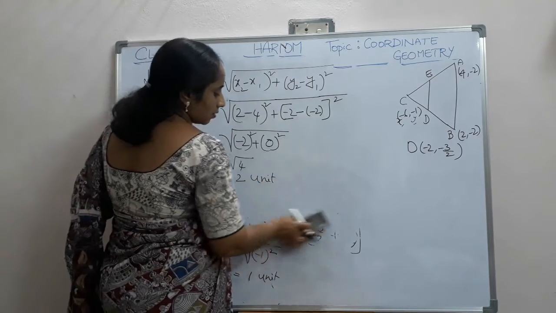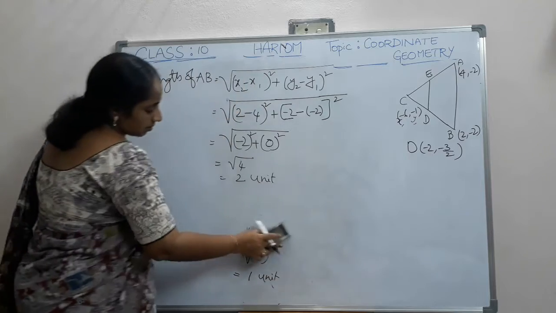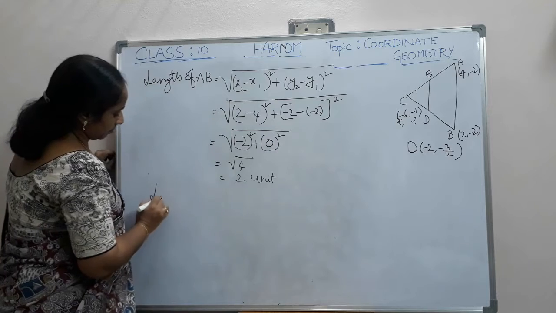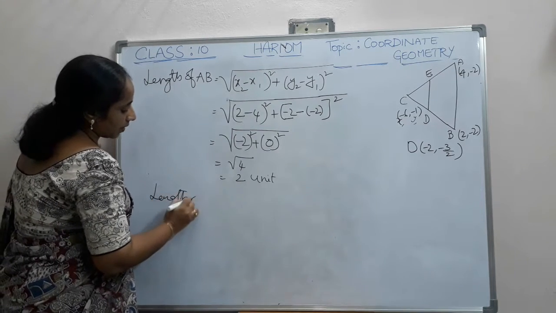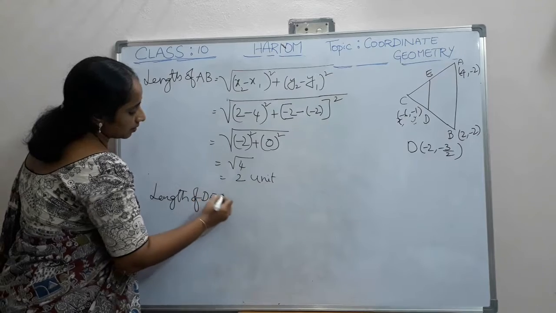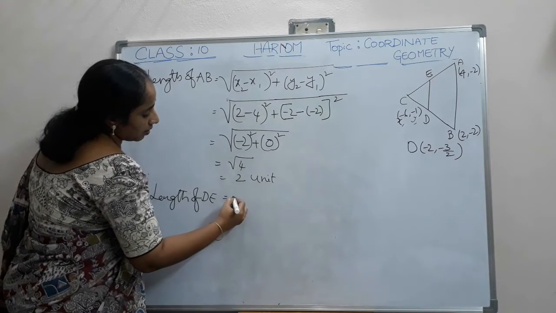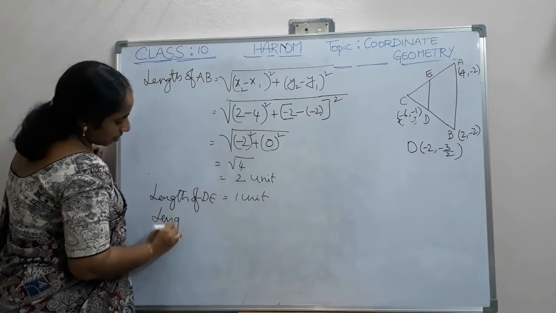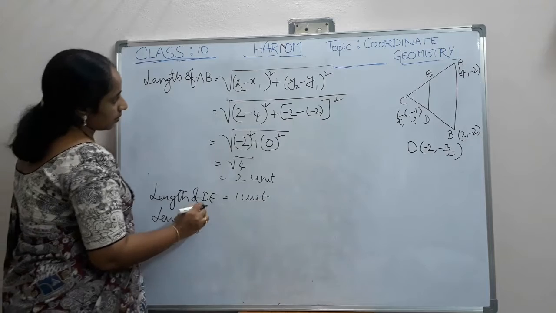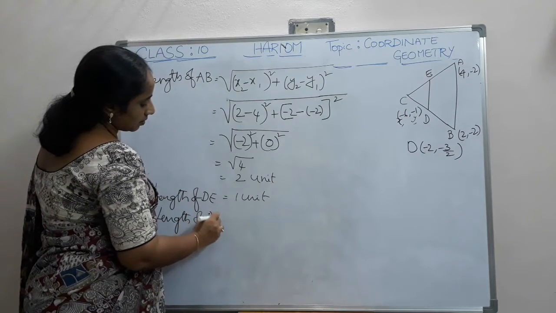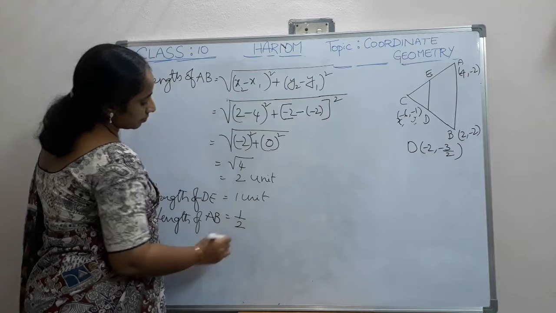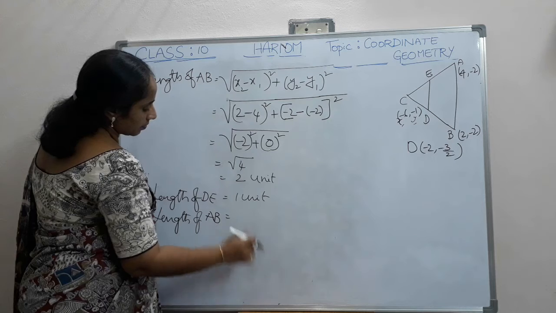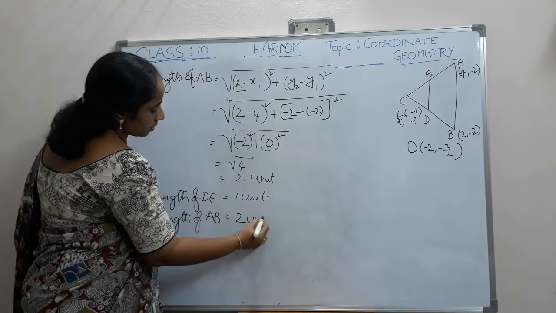Now as you know, the length of DE is 1 unit. And the length of AB is 2 units.